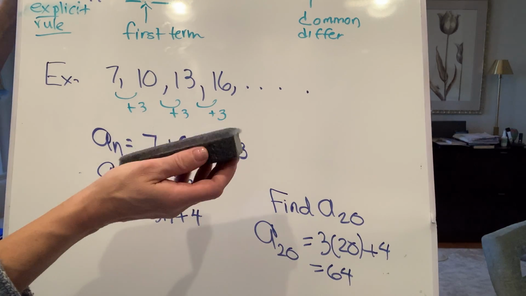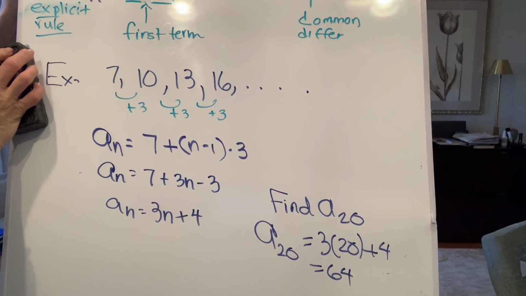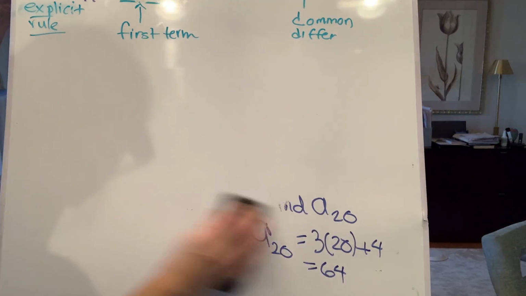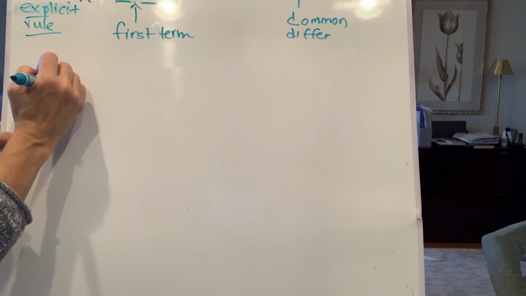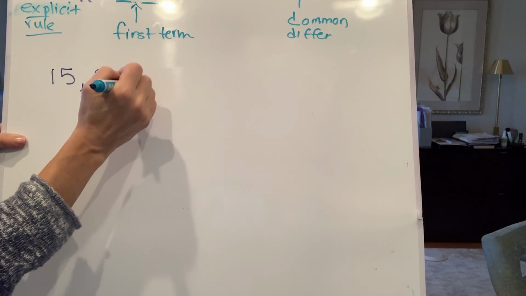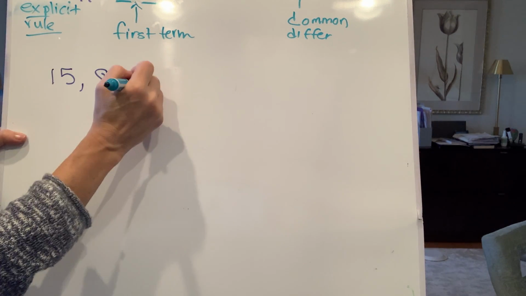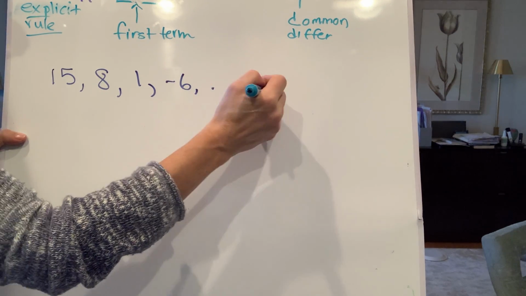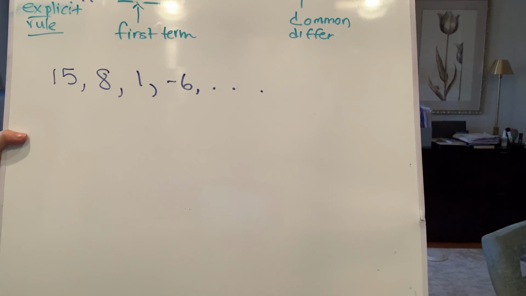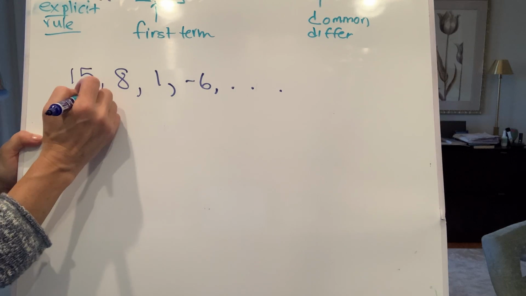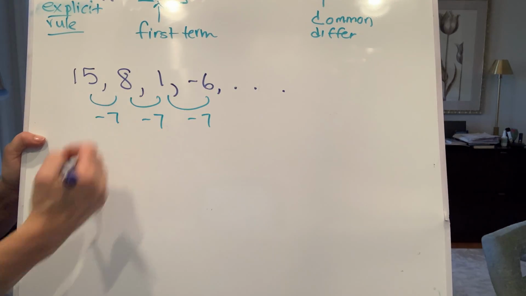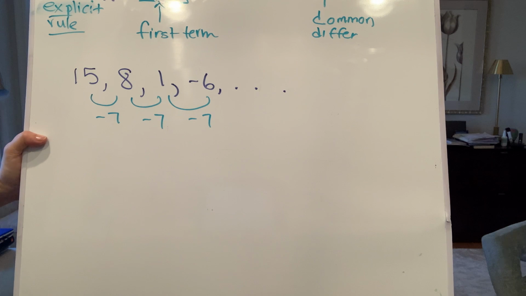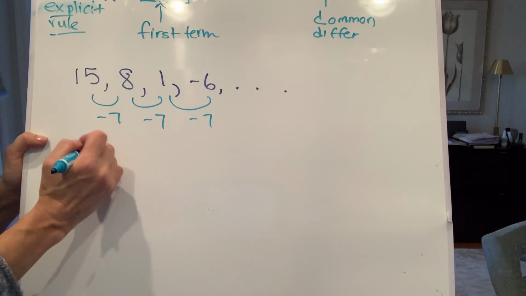All right, let's do another example. Again, this is an arithmetic sequence and my common difference is -7. I am subtracting 7 to get from one term to the next.